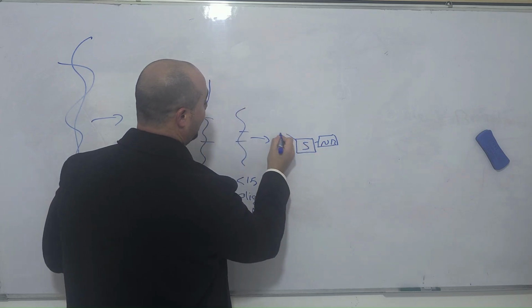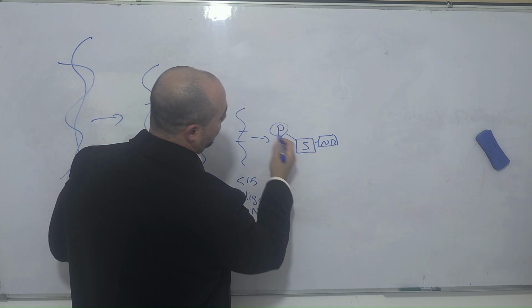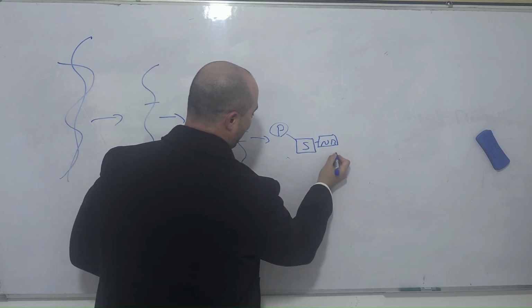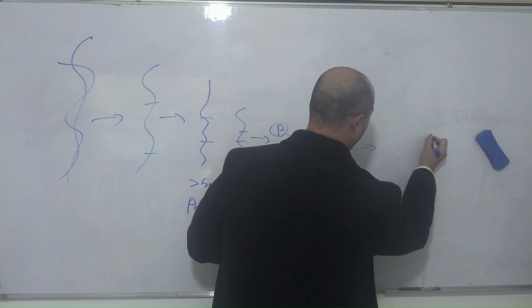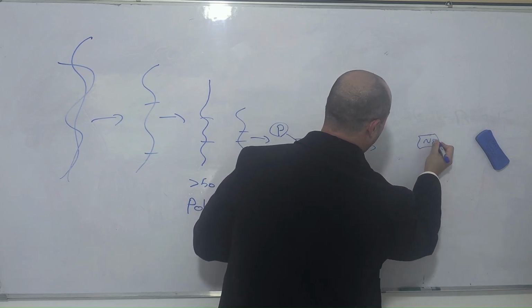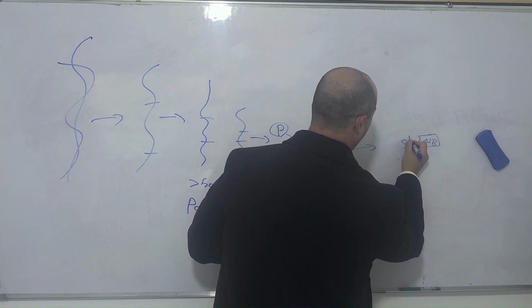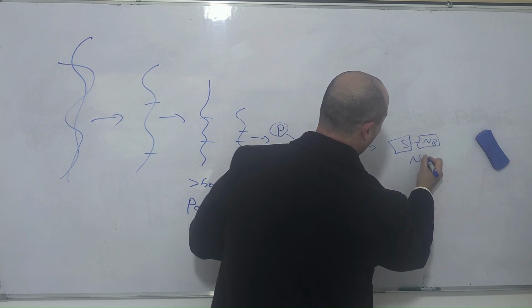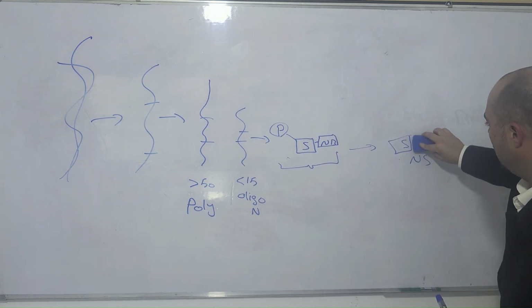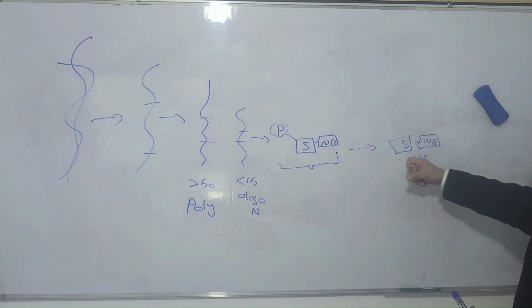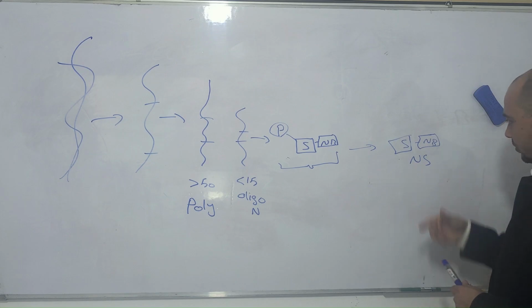Here S for sugar, that's attached to phosphate, and we removed the phosphate, and this of course was called a nucleotide, and once we removed the phosphate, we simply had a nitrogen base that was attached to a sugar, and we call this nucleoside, right? And then we just parted between the sugar and the nitrogen base, and that's that.